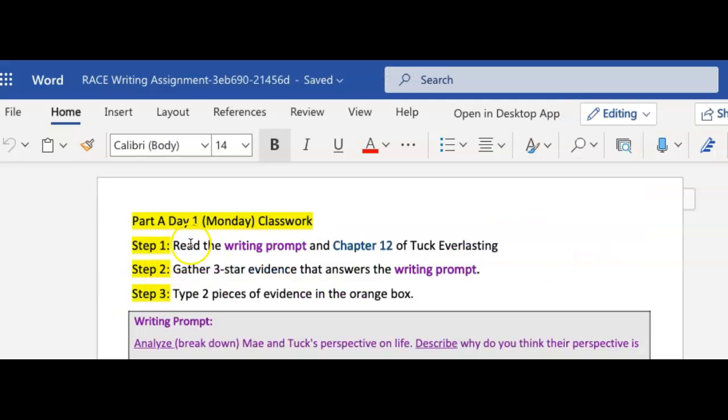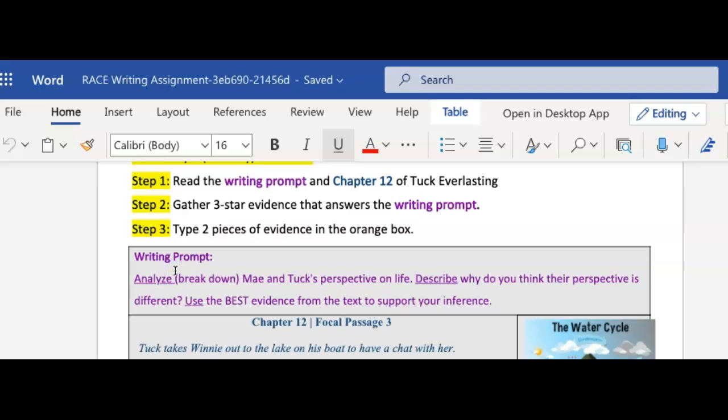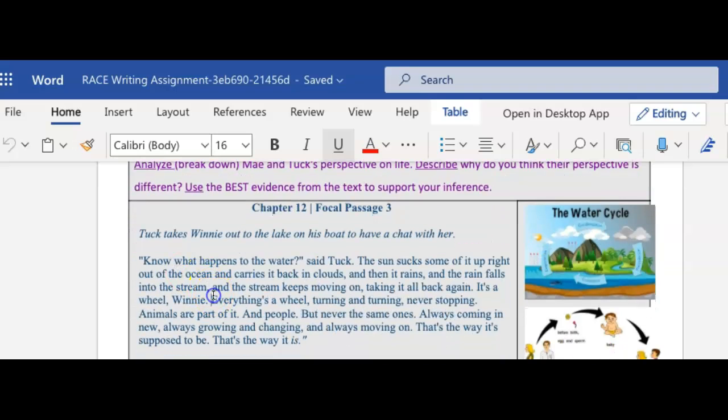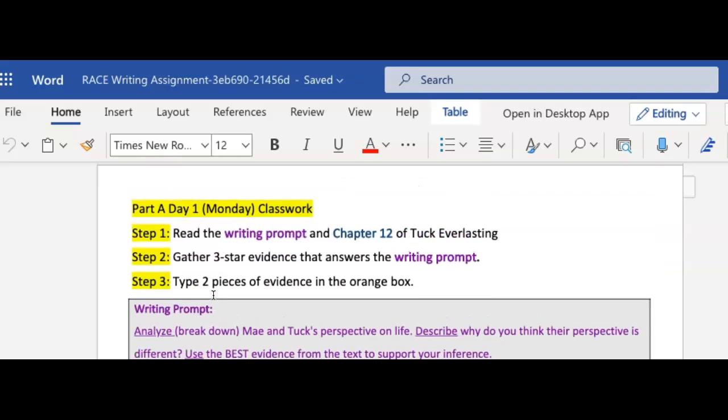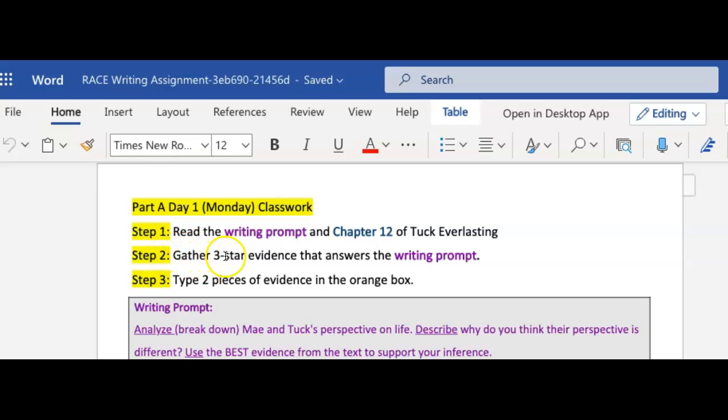Step 1 of this assignment is to read the writing prompt and Chapter 12 of Tuck Everlasting. So you'll see here we've got the writing prompt in purple, and then you have Chapter 12 in blue. Step 2 is to gather 3-star evidence that answers the writing prompt. All right, so as you read, think about that 3-star evidence.